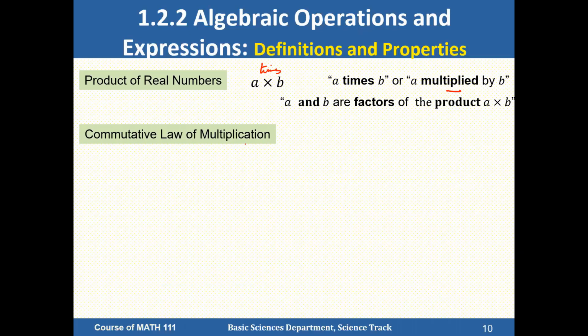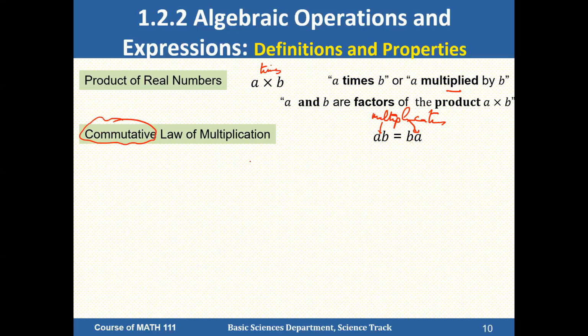The multiplication is also commutative. The order is not important in multiplication. ab equals ba. When we don't put a symbol, we mean multiplication. When there is no sign and it is clear, ab is a times b. And ab equals ba, so it is commutative.